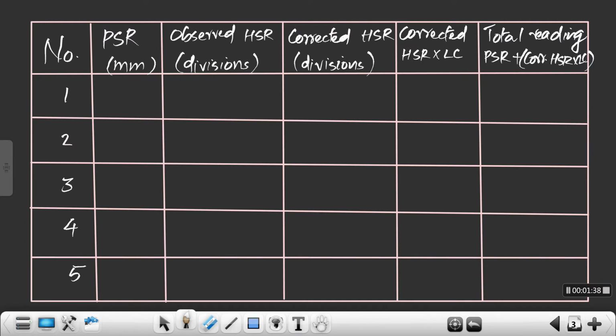The PSR reading for the first trial was 0 and HSR reading was 53. So therefore corrected HSR, which means HSR plus Z, that is 53 plus 2, that is equal to 55.